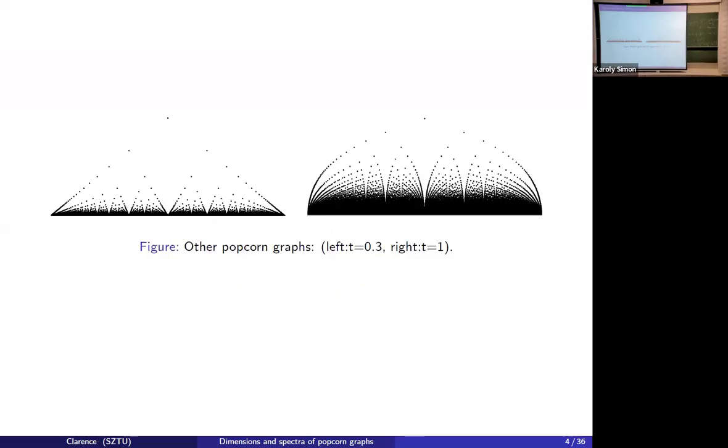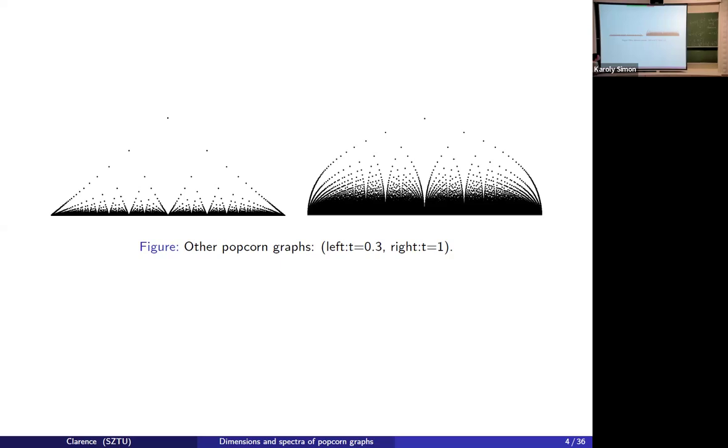As for the next part, the form and shape of the popcorn graph rely on the choice of t. For example, if we choose t equals 1, there will be straight lines.